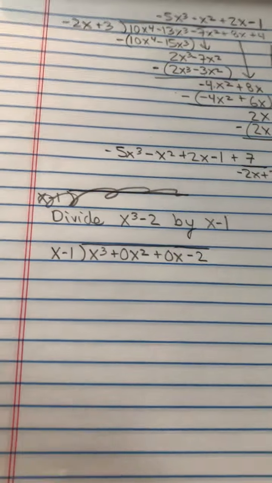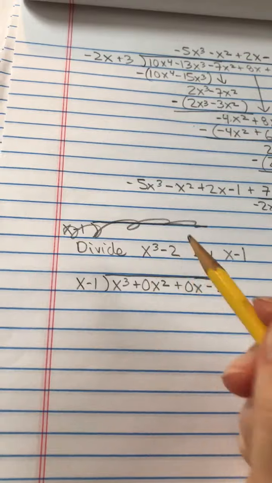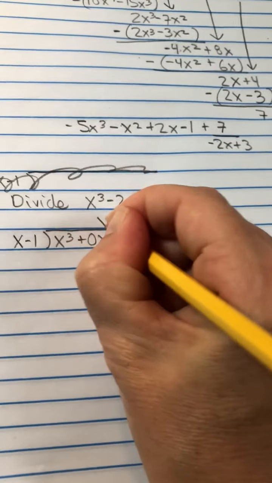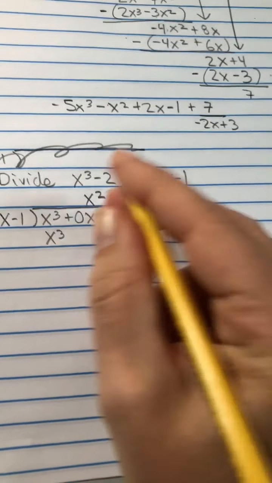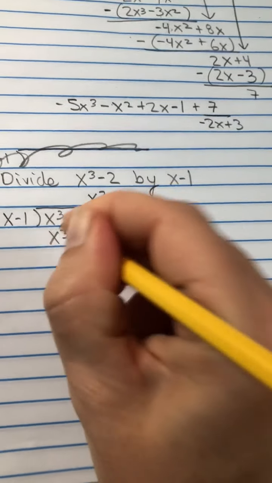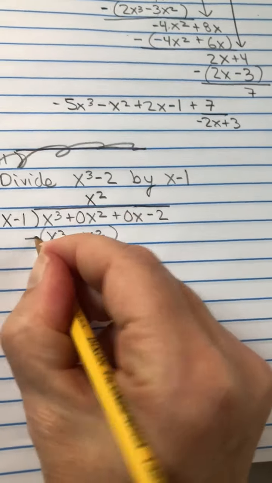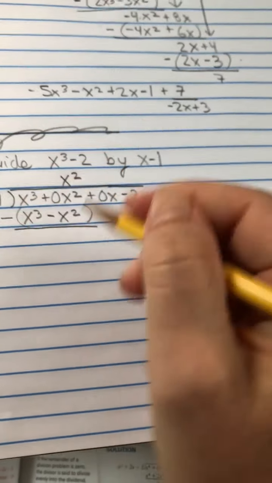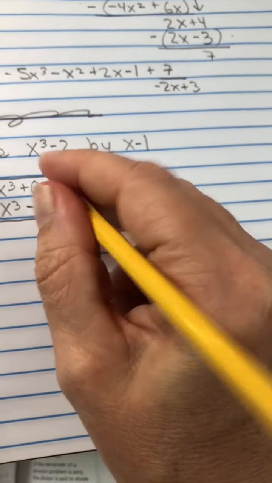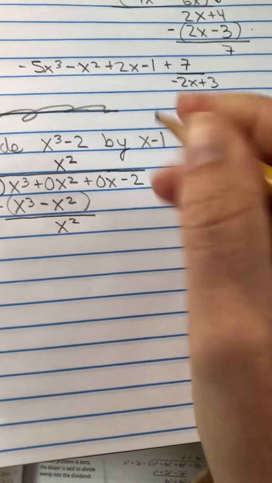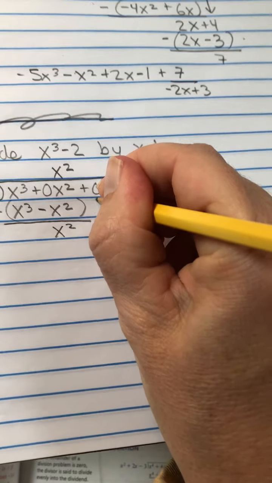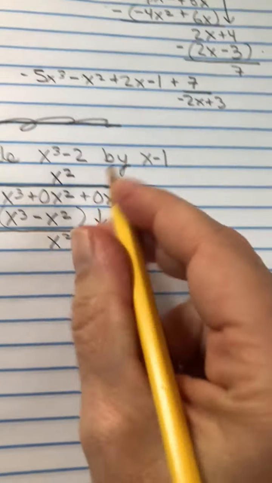All right? So x goes into x cubed x squared times, then we can line it up. Multiply, you get x cubed minus x squared. Subtract that, they cancel out, and you'll get a plus x squared. Bring this down just as a placeholder, plus 0x.